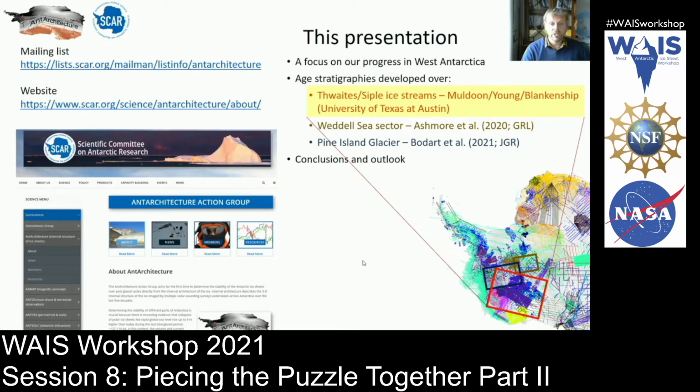Here, though, I just want to start by summarising some of the progress made over recent years by our colleagues at the University of Texas using data collected over the Thwaites Glacier Siple Coast ice streams area.